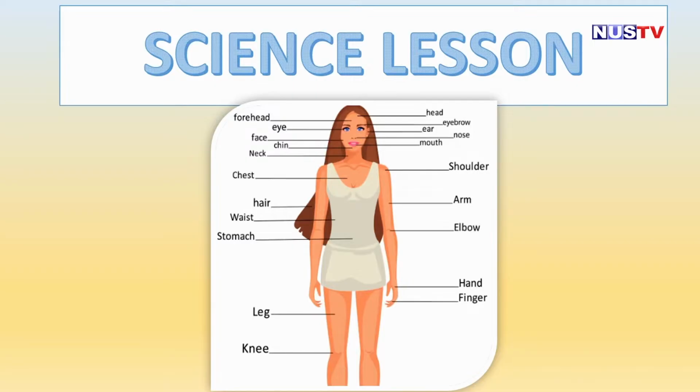Our lesson will be focusing on humans, as you can see in the picture: the human body with the different parts labeled using their names, starting from the head until it reaches the knee of a human being.